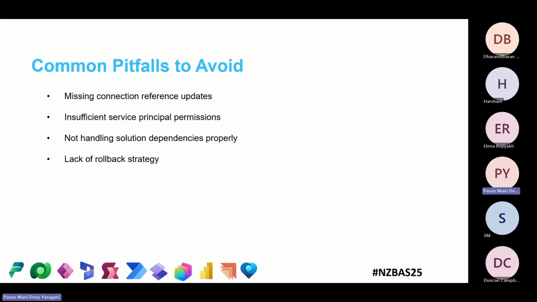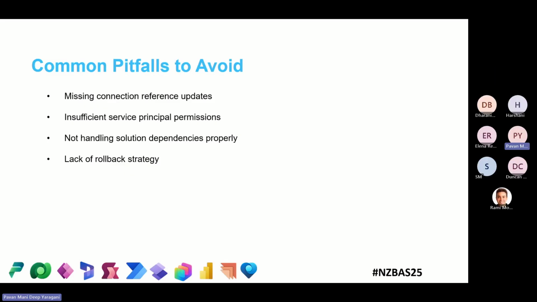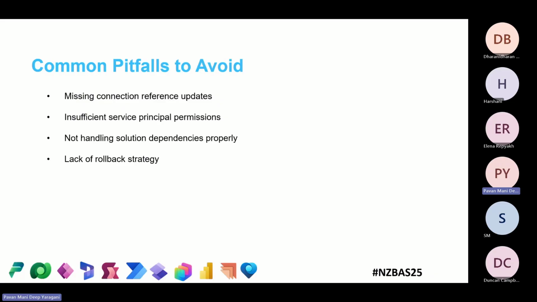Okay. Earlier we had some common pitfalls where other folks in my team were making mistakes when deploying solutions. They were having connection differences issues and insufficient service principal permissions. Sometimes they were not handling the dependencies, which can be checked from the solution itself.